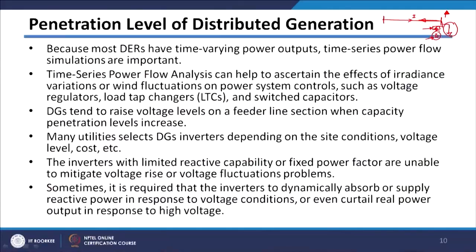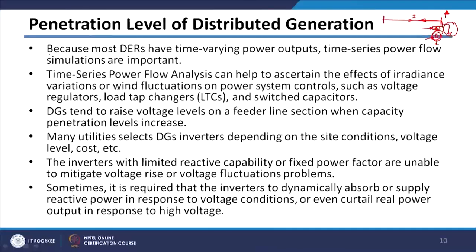Your DG is getting disconnected from the system. Because of operational conditions, you cannot absorb the whole power generated by the DG. So to increase this absorption level, we need to control the voltages at the DG bus.